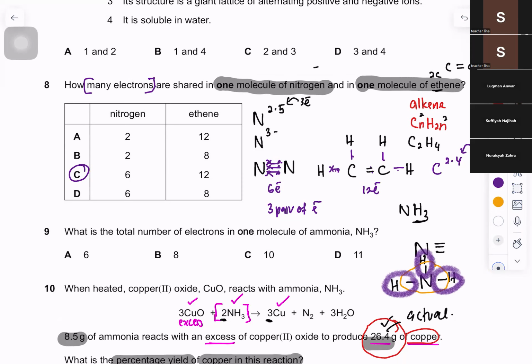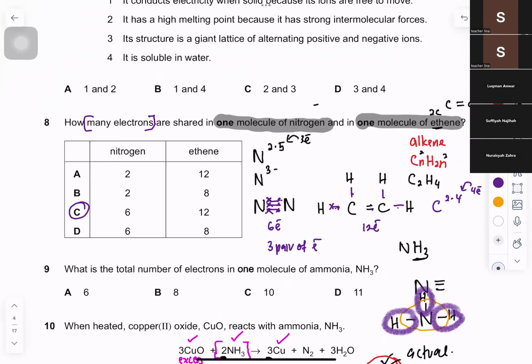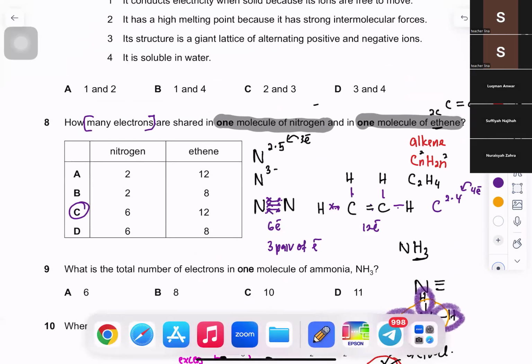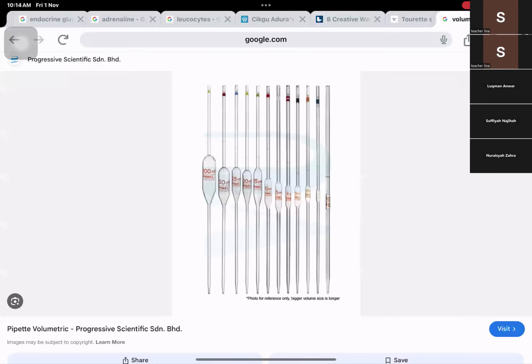Okay, done. Okay, nombor 8 dan, jap teacher pergi daripada atas dulu. 8 settle. February March 2023, variant 2 question number 9. Sekejap. Kita kena extract that paper. Ada je kat sini tapi.